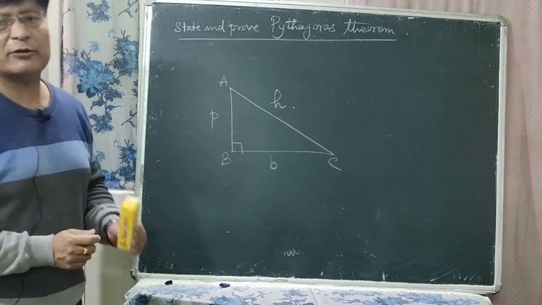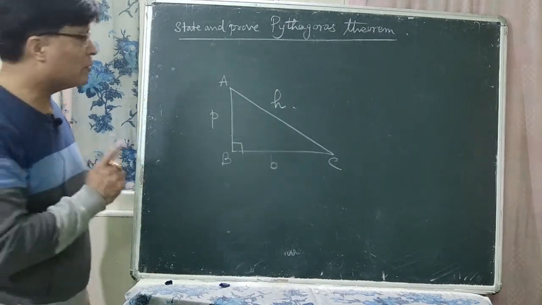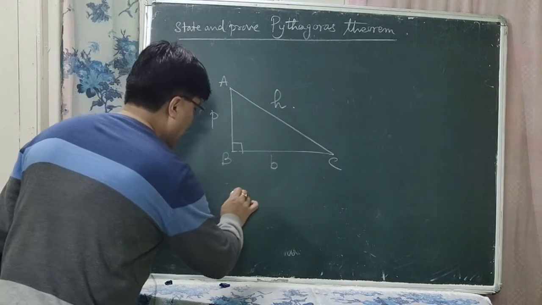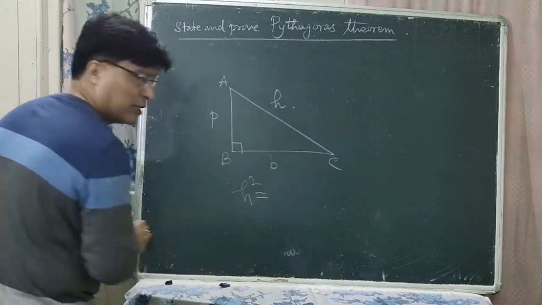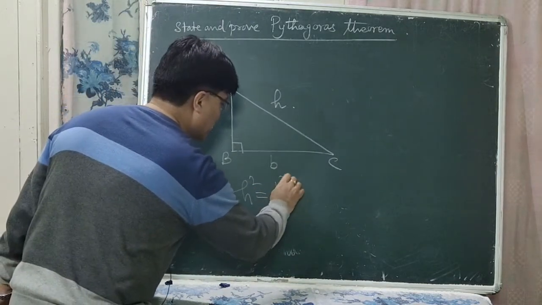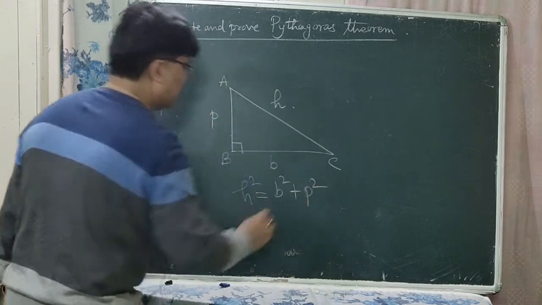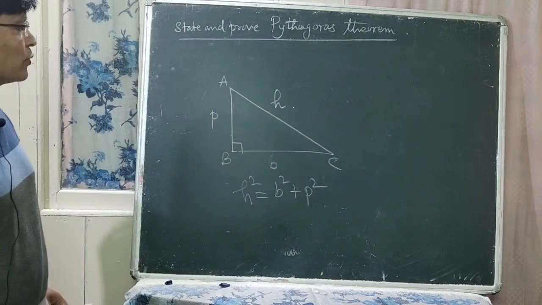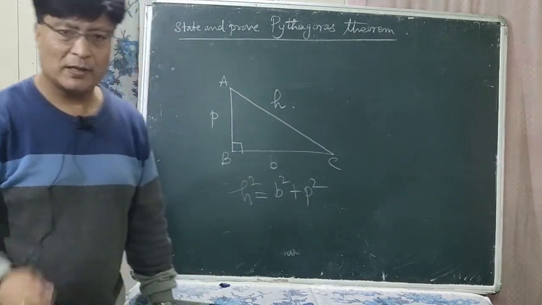So now what is Pythagoras theorem? Pythagoras theorem says that hypotenuse square is equal to B square plus P square. H square is equal to B square plus P square.